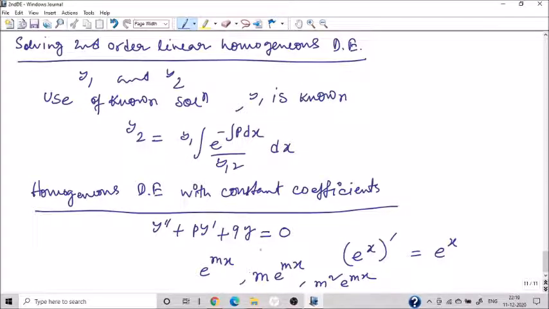For solving this differential equation we have to start from this type of trial solution, and using this form we calculate the final form of the solution of this homogeneous differential equation having constant coefficients.